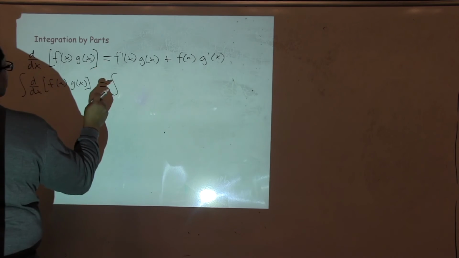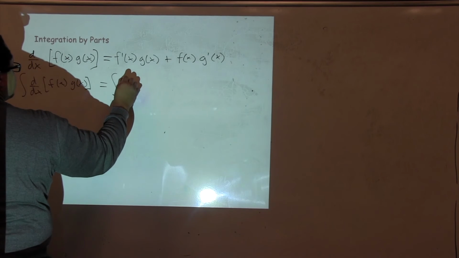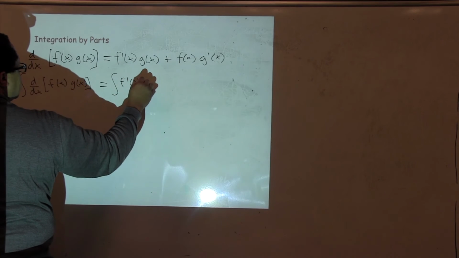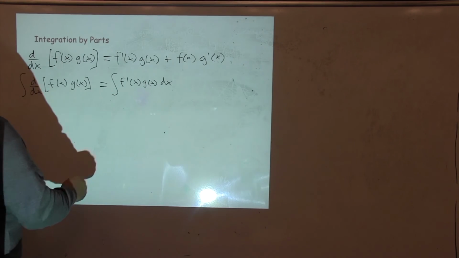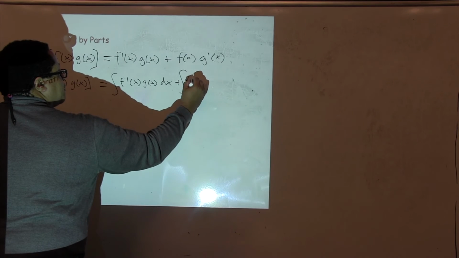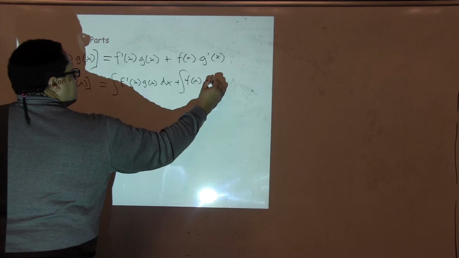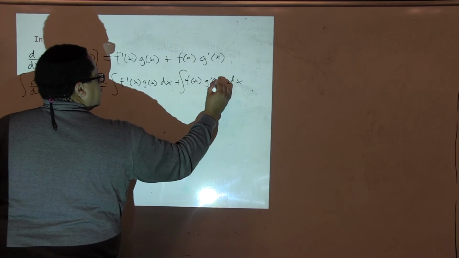So we can write that the integral of this whole expression is the same as the integral of the first thing, f prime of x times g of x dx, you can't forget the dx, plus the integral of f of x g prime of x dx.